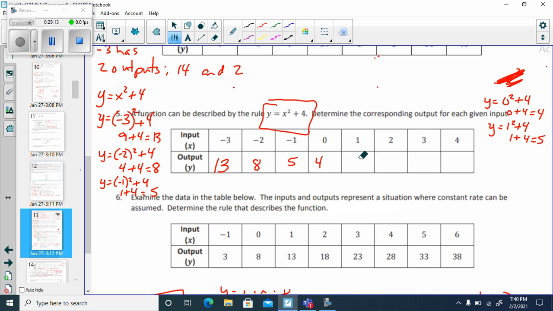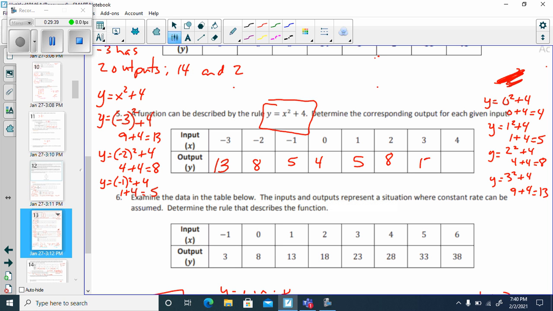Oh, we're getting some of the same y values, but it's still a function because, see, the x values do not repeat. Okay? Y is equal to, let's try this, 2 squared plus 4. 2 squared is 4. That's 4 plus 4, which gives you 8. Y is equal to 3 squared plus 4, which is 9 plus 4, which is 13.